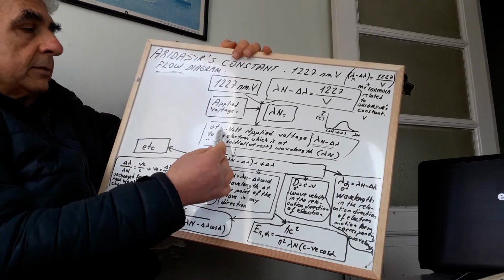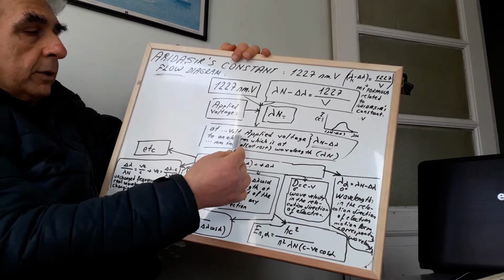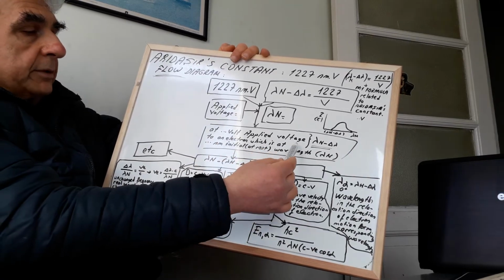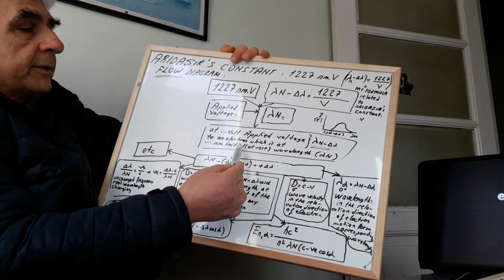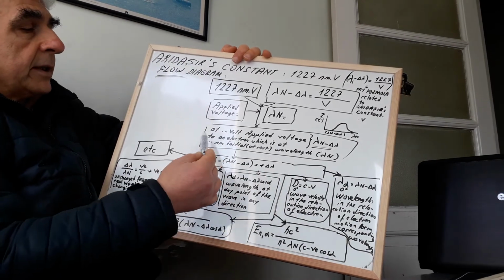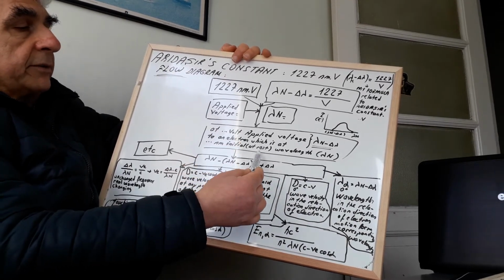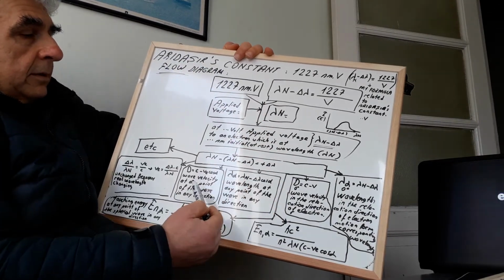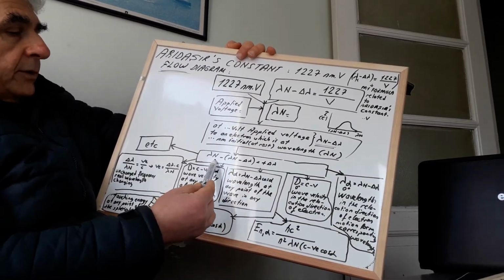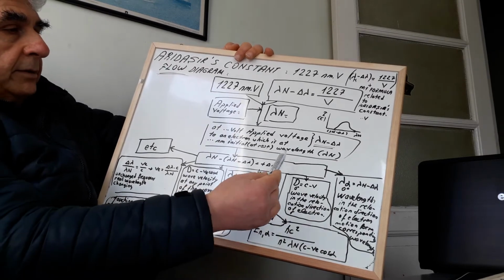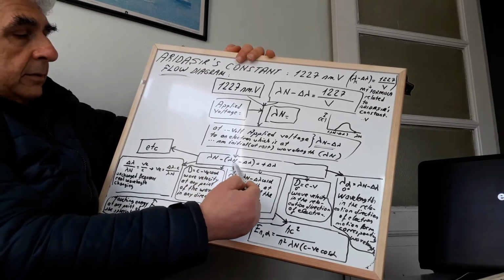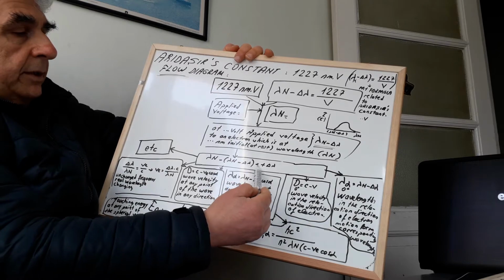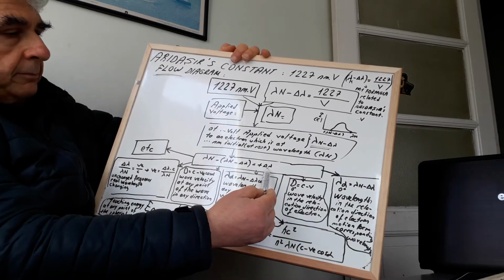At a certain applied voltage to an electron which has a certain initial at-rest wavelength, firstly, in this way we can find delta lambda.